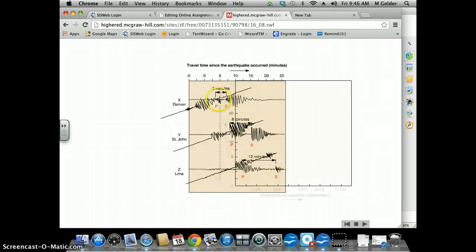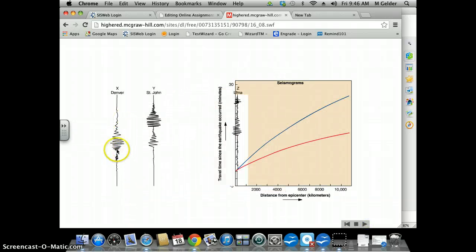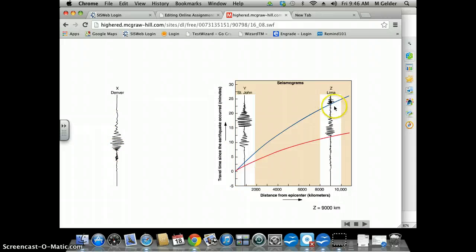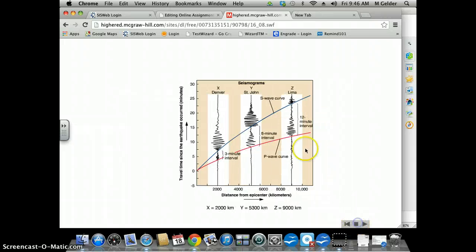So the time differences, this is just a different way to show that, using the S wave and the P wave, where those two were 12 minutes apart here, or let's say 8 minutes apart, or 3 minutes apart. You need at least 3 seismic stations to find where that earthquake occurred.